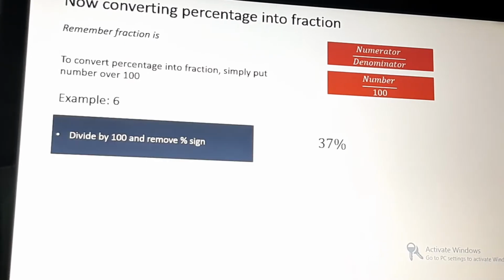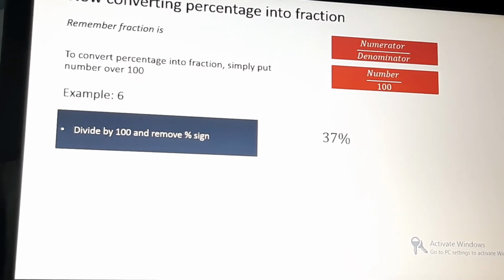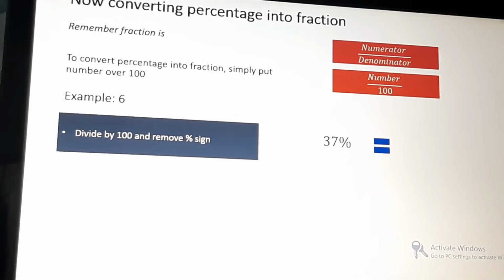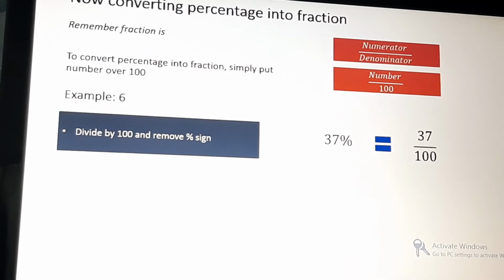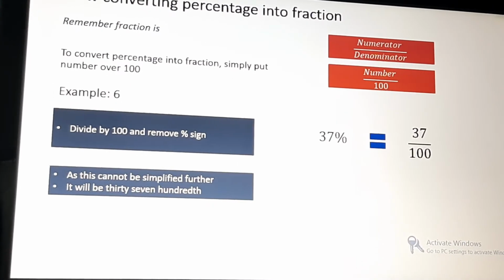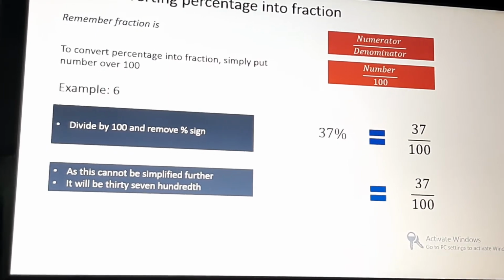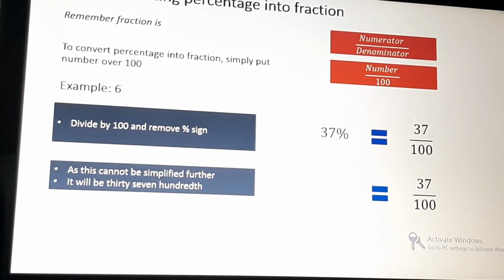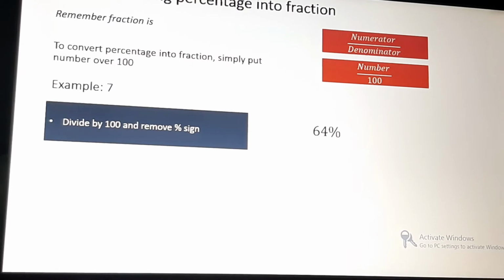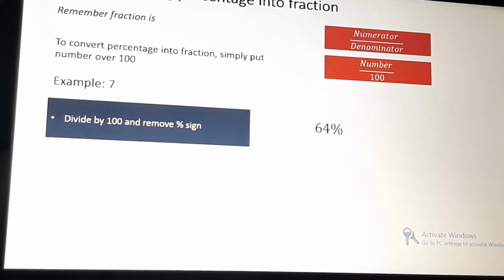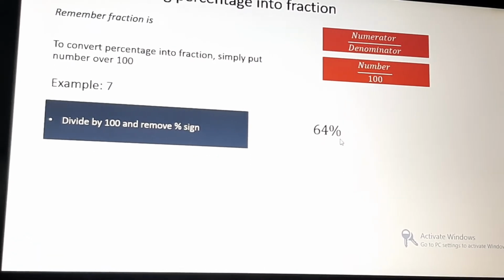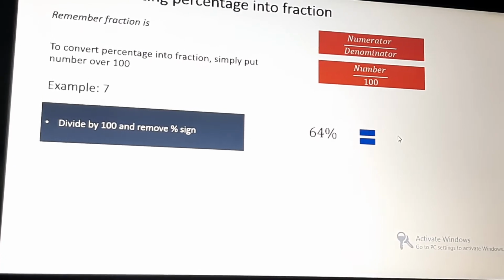Okay, now let's do another example. It's 37%. So we will be putting 37 over 100, and this cannot be further simplified, so it is 37/100. Let's do another example. It is 64%. We will remove the percentage sign and we will put this 64 over 100.